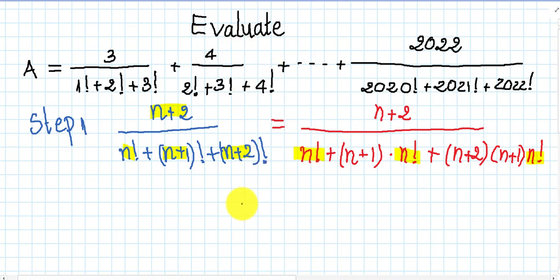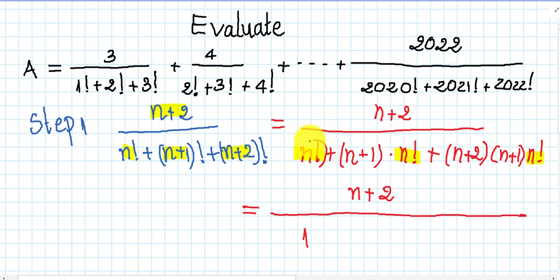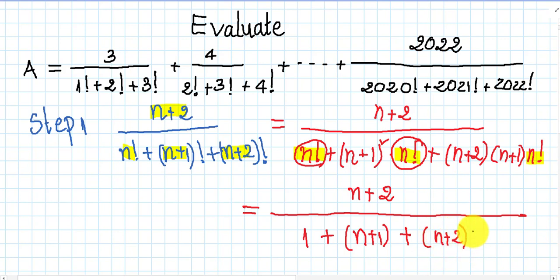When we take n factorial out, we get 1 plus n plus 1, and we also get n plus 2 times n plus 1.